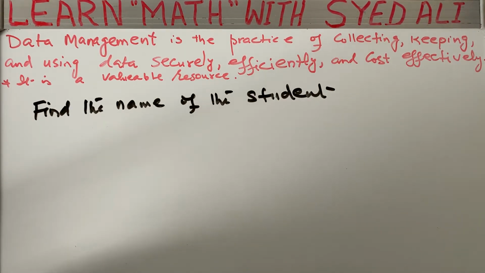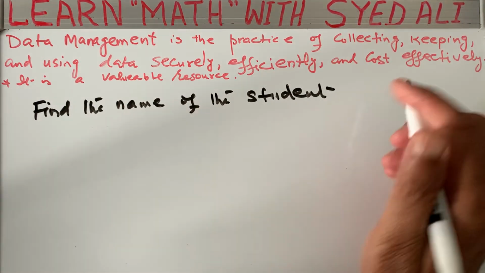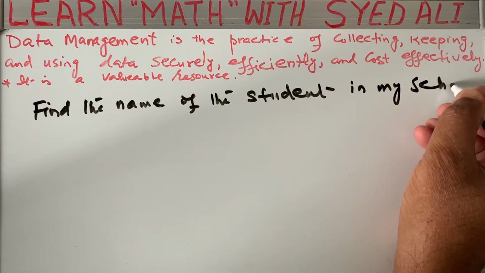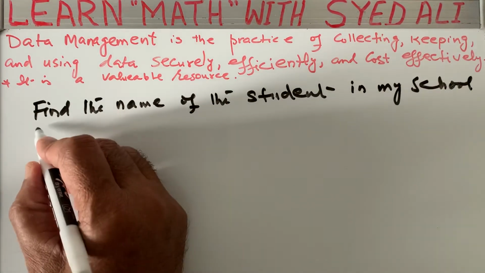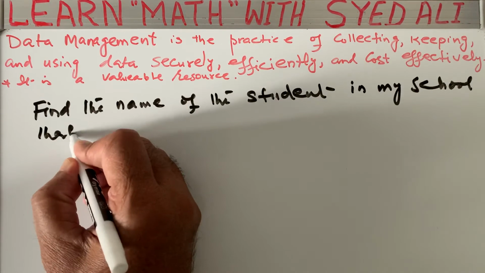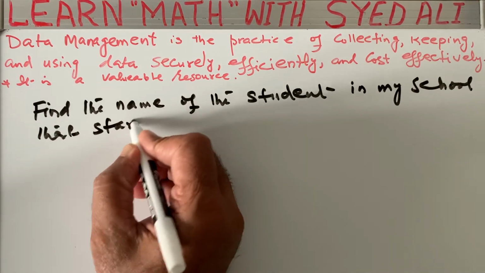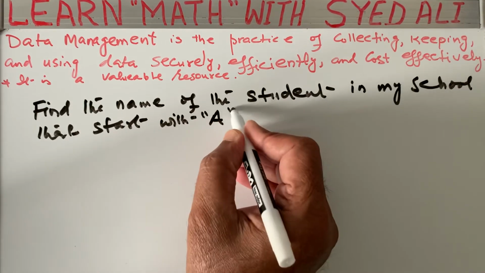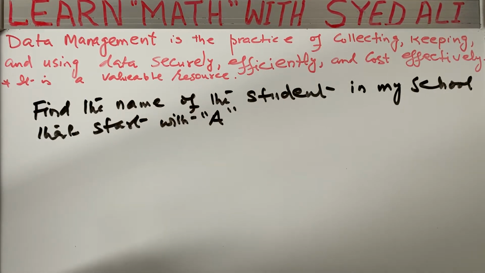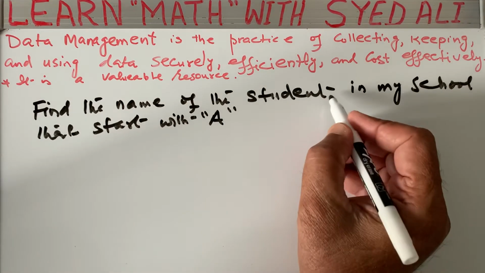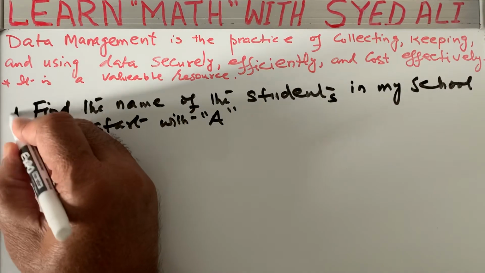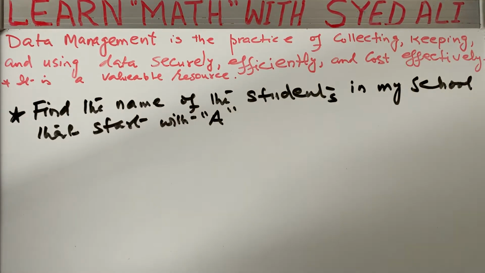If the situation is to find the name of the students in my school that starts with A. So this is the situation, or that is the project, right? We have to find out the names of the students in my school whose names start with A. This is an example of data management.